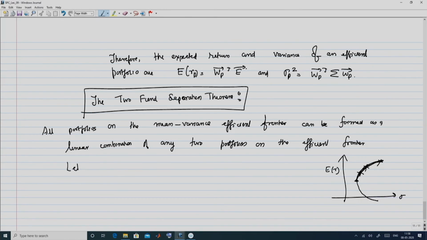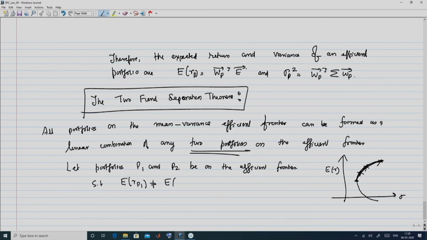So, accordingly, suppose that we take any two portfolios. Let us consider these portfolios P 1 and P 2 on the efficient frontier, such that E R P 1 and E R P 2, that is the expected returns of the two portfolios, are distinct from each other.